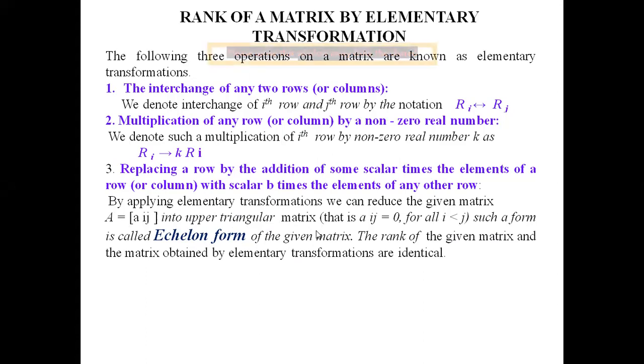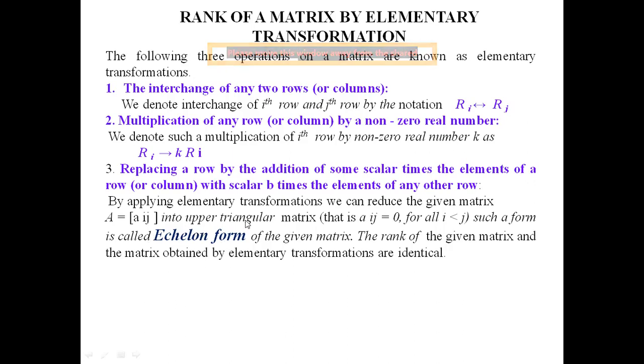An upper triangular matrix means all the elements below the diagonal of the matrix are 0, and above the diagonal they are non-zero. Applying only these three operations, you reduce the given matrix to upper triangular form. That form is also called echelon form.